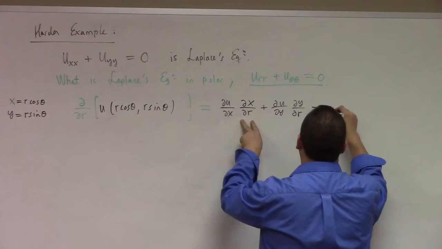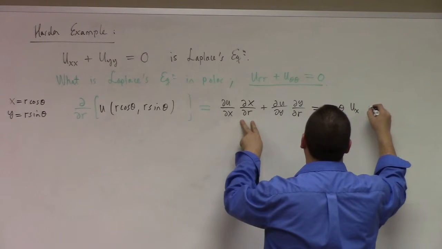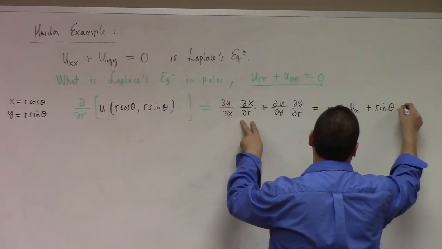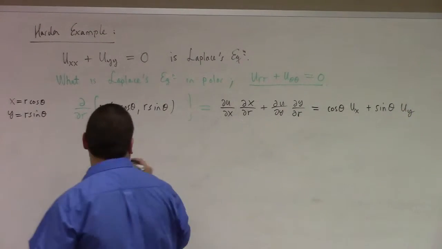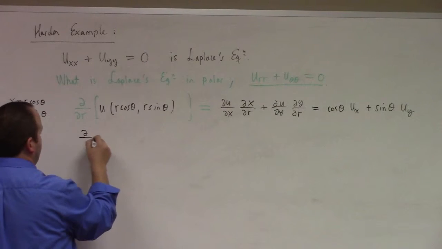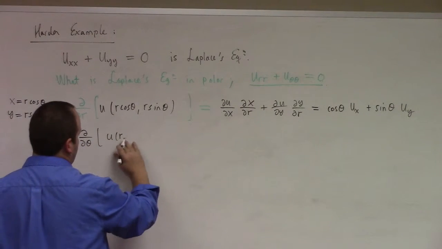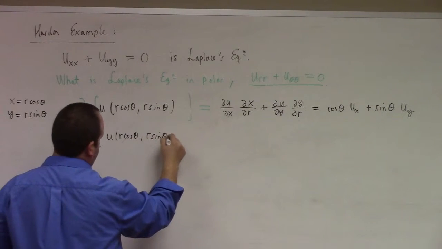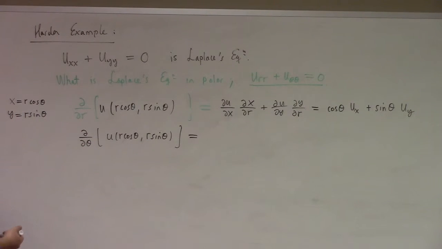So you get cosine theta u_x, plus sine theta u_y. Now what happens when you calculate partial theta of u? Again, chain rule.